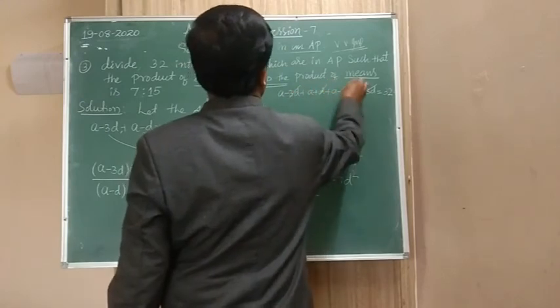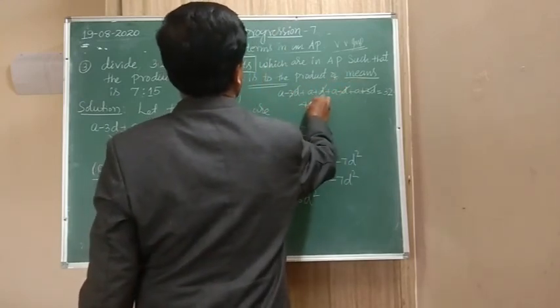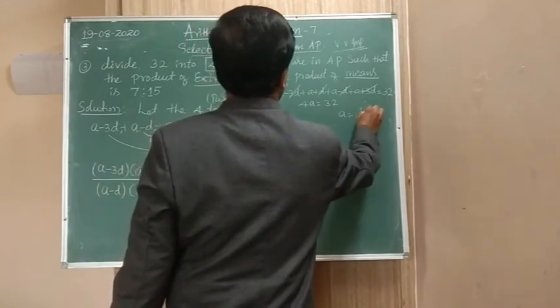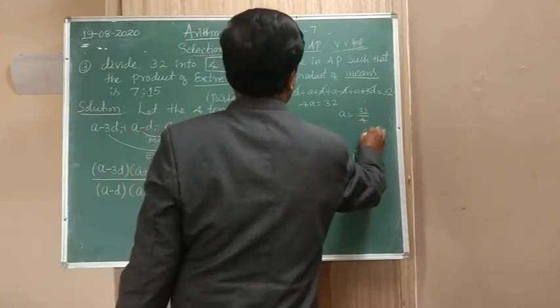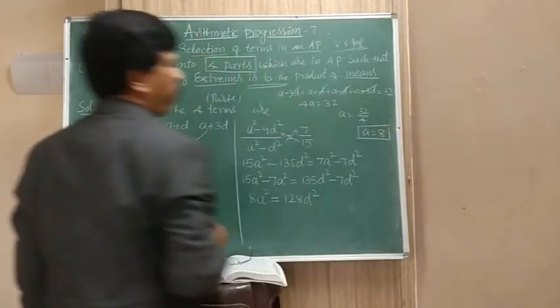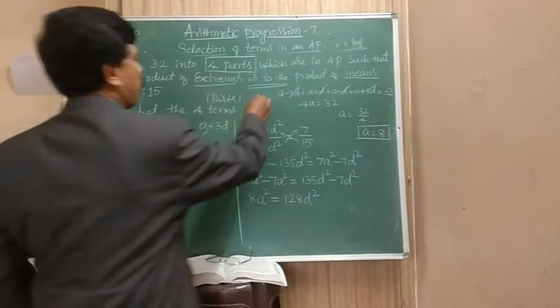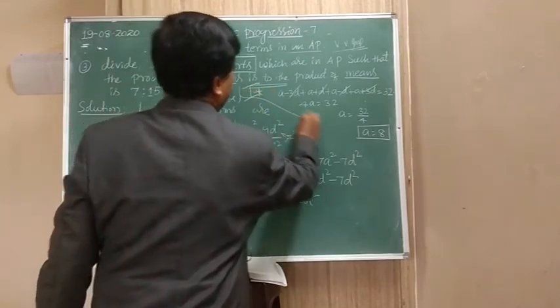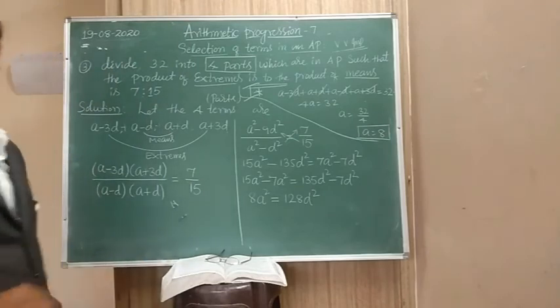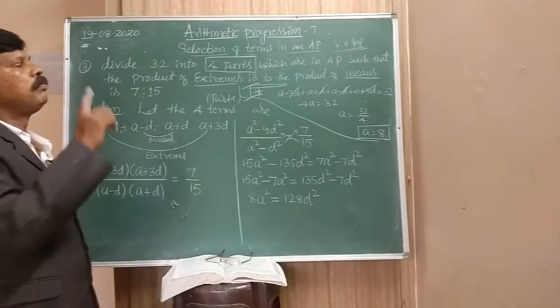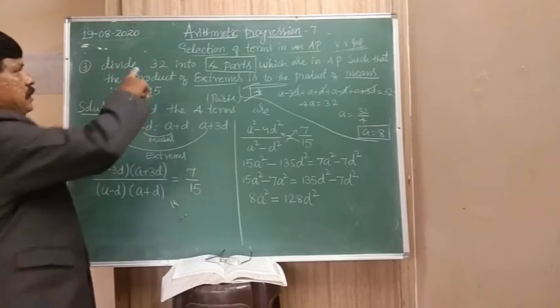On cancelling all these terms, 4a equals 32. a is equal to 32 by 4, a is equal to 8. So the first thing you should write is this. This is the first part, where the sum is given indirectly.